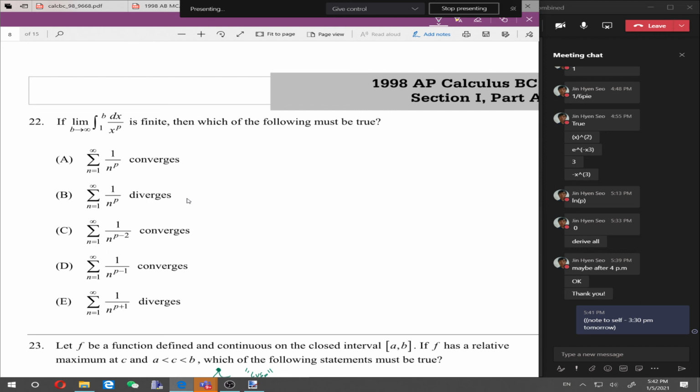22. If our limit as b approaches infinity of the integral from 1 to b of dx over x to the p is finite, then what has to be true?